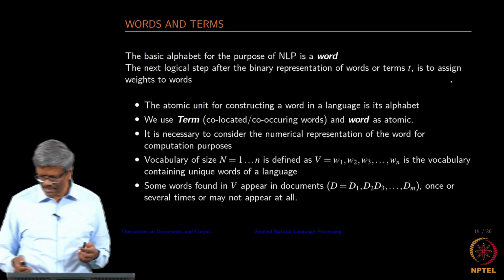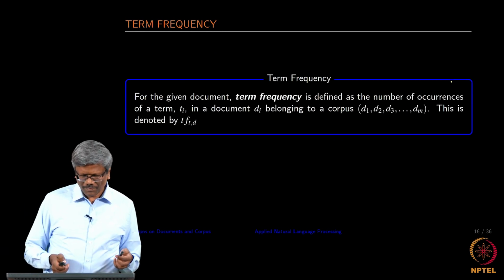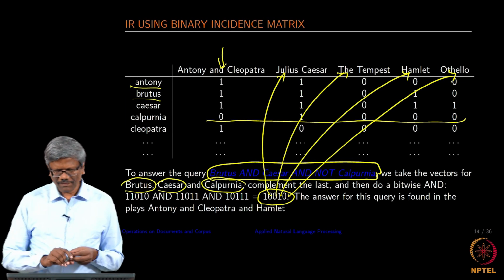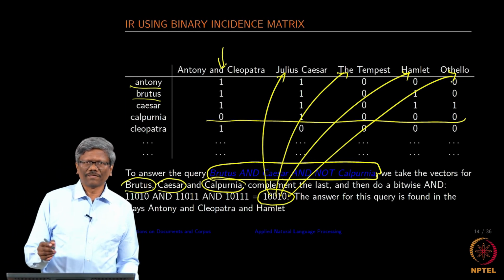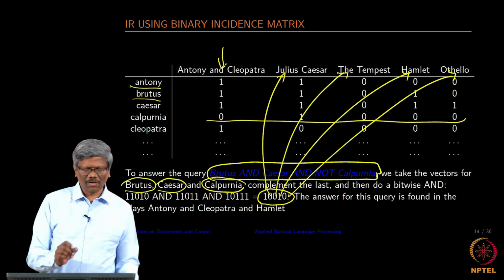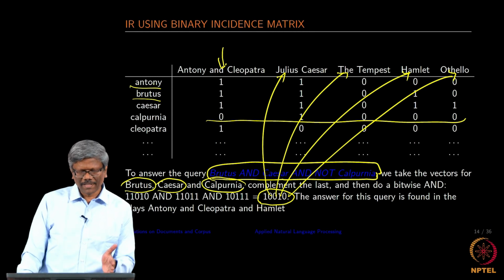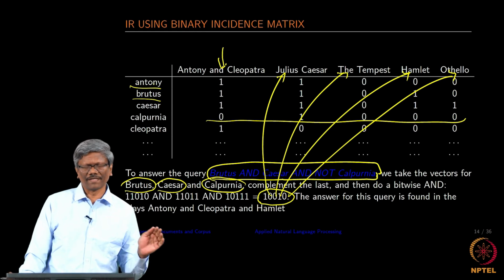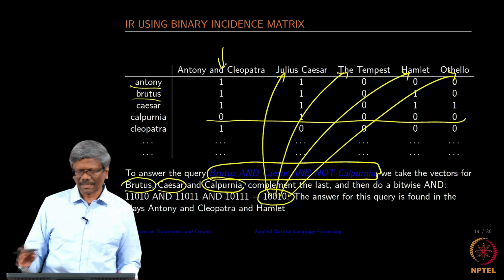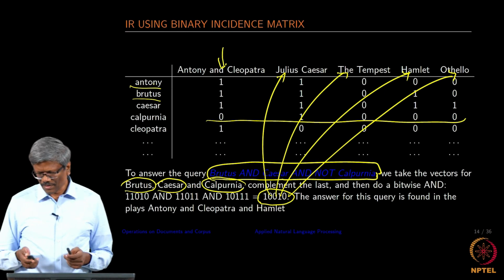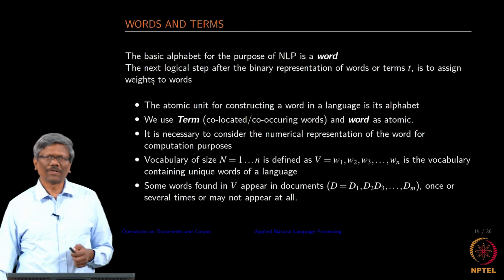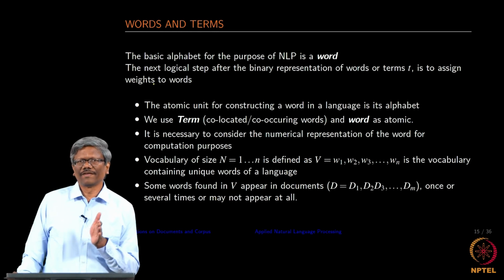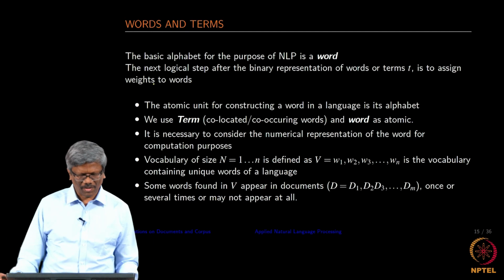If you look at the previous case, there is no representation of the number of occurrences of a given word like Antony. All it is saying is whether that particular word is present or absent in the given document. It does not say how many times it occurred. So, the next logical operation would be to find out how many times that particular word occurred in a given document or in the entire corpus.